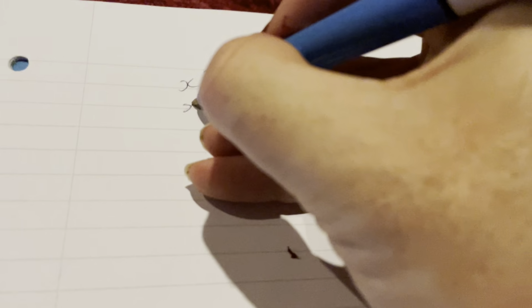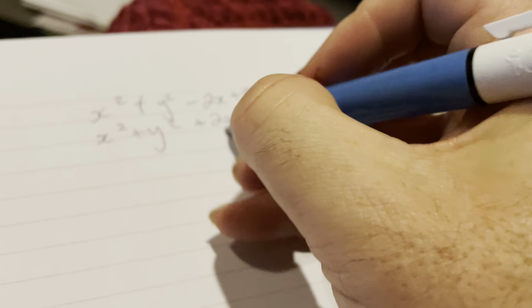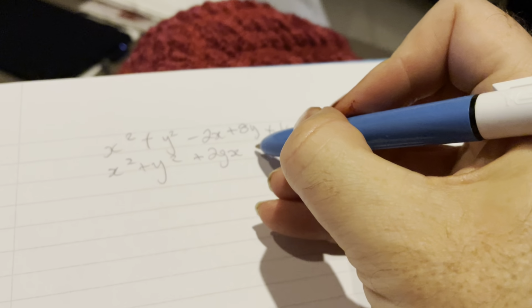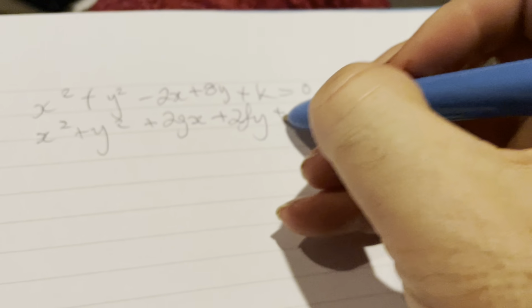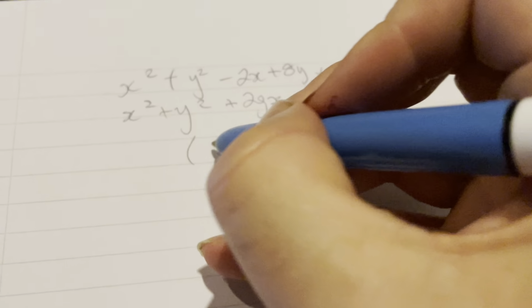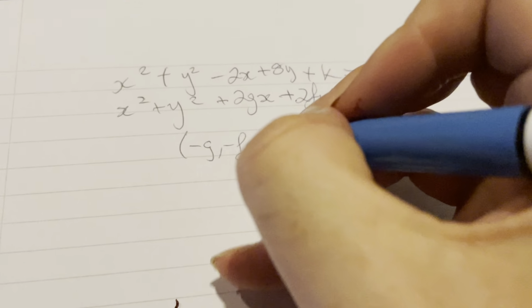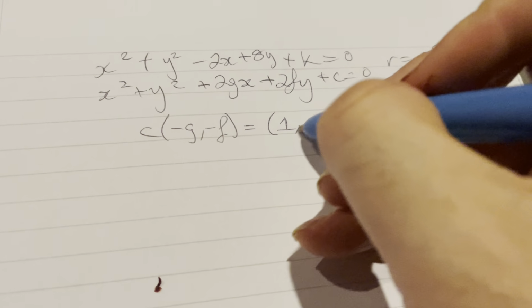So just compare it to the general form. We should be able to get everything here. x squared plus y squared plus 2gx plus 2fy plus c is equal to nothing. So the center is minus g, minus f, which is equal to (1, minus 4).